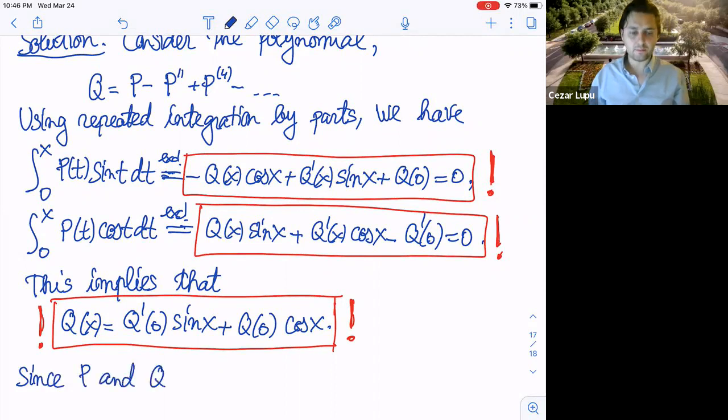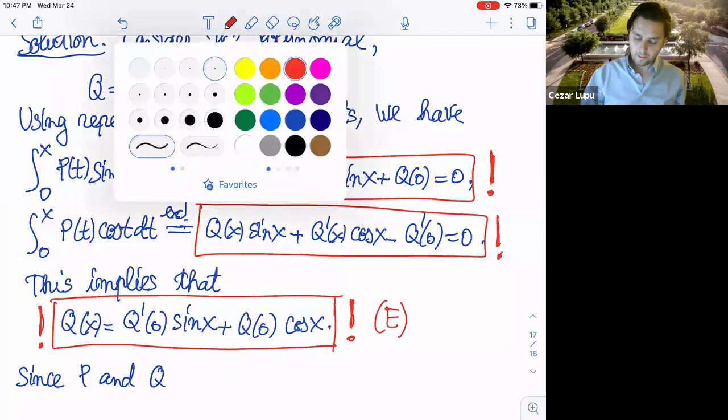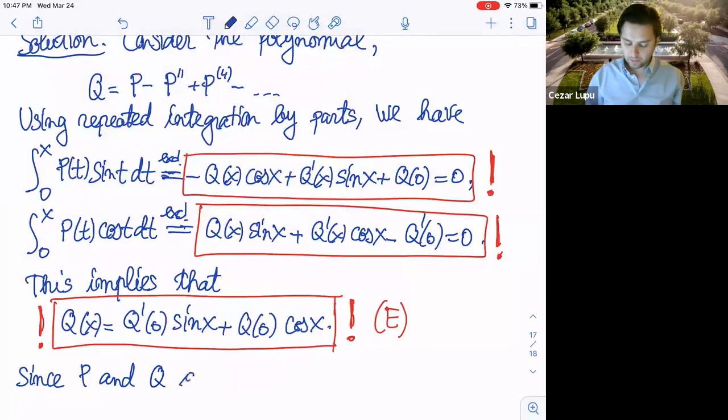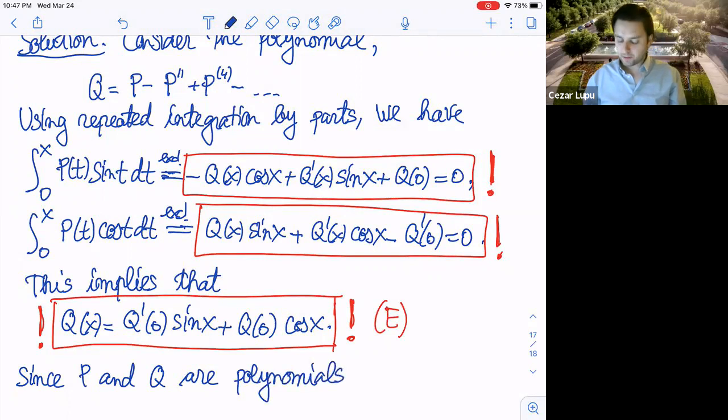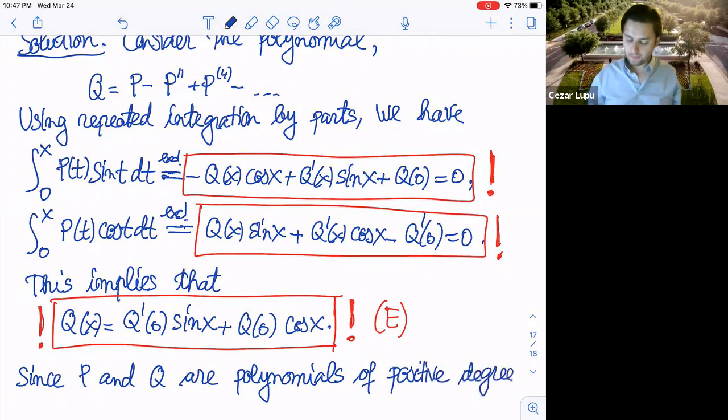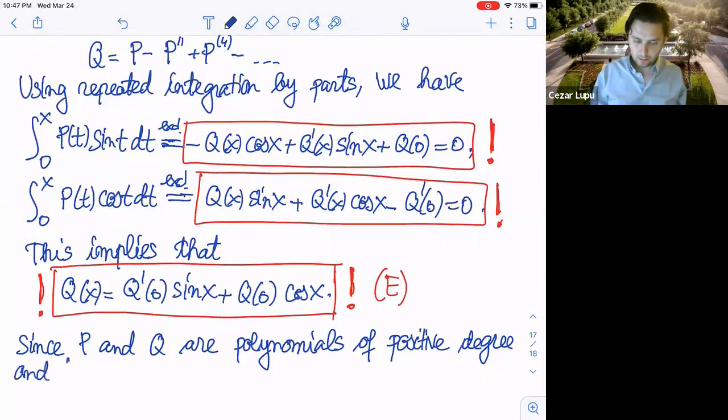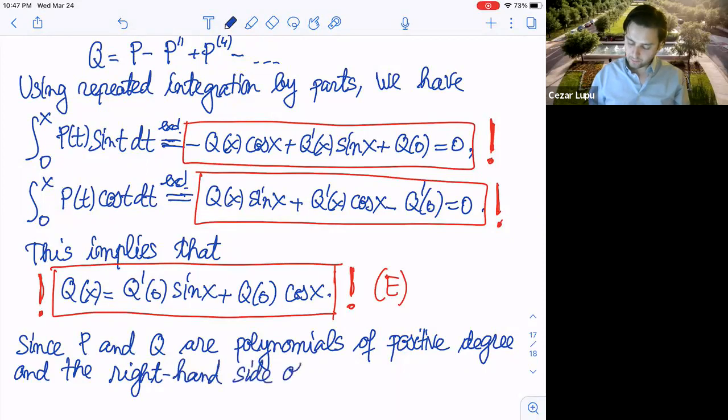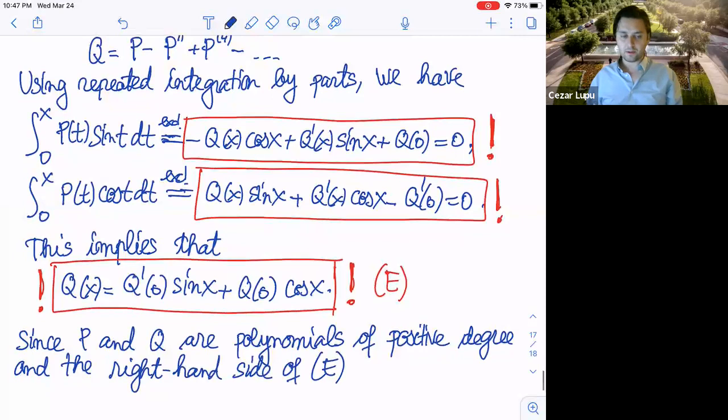Let's call this equation E. So since P and Q are polynomials of positive degree, and the right hand side of E is bounded.